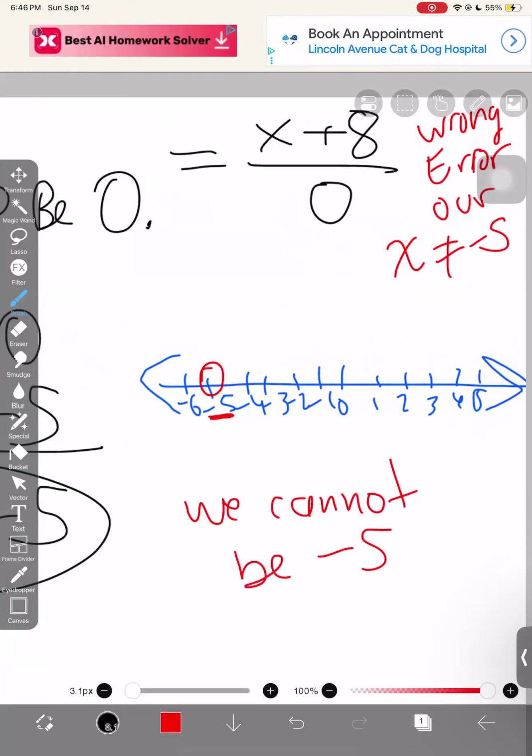We cannot be -5. We could be any other number but -5.